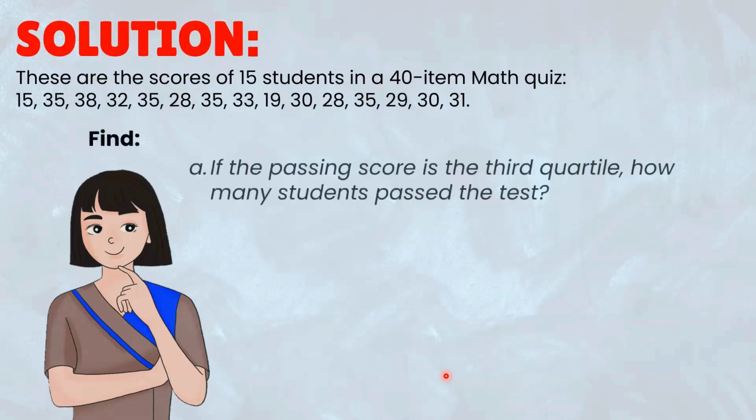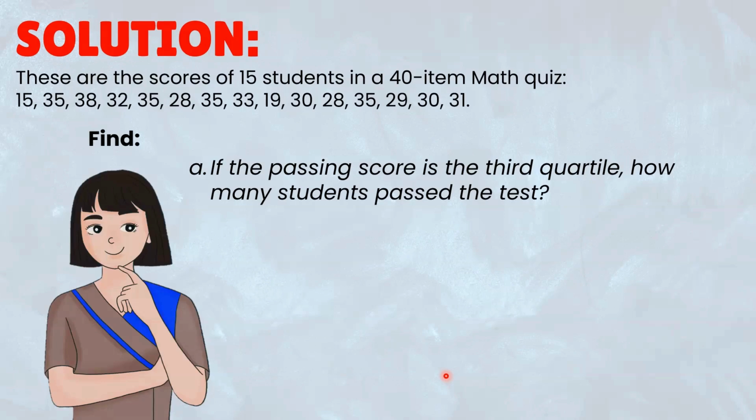First, let's accomplish the task. If the passing score is the third quartile, how many students pass the test? For the first task, we have to find the passing score.